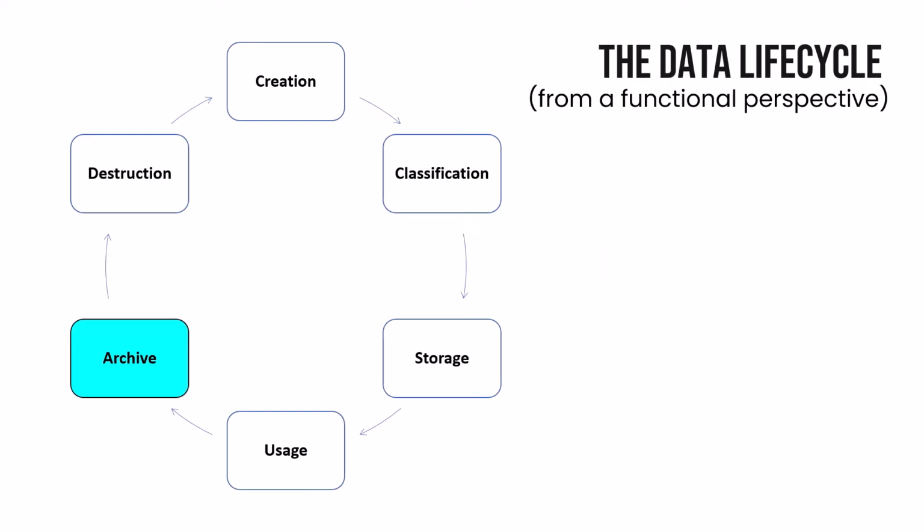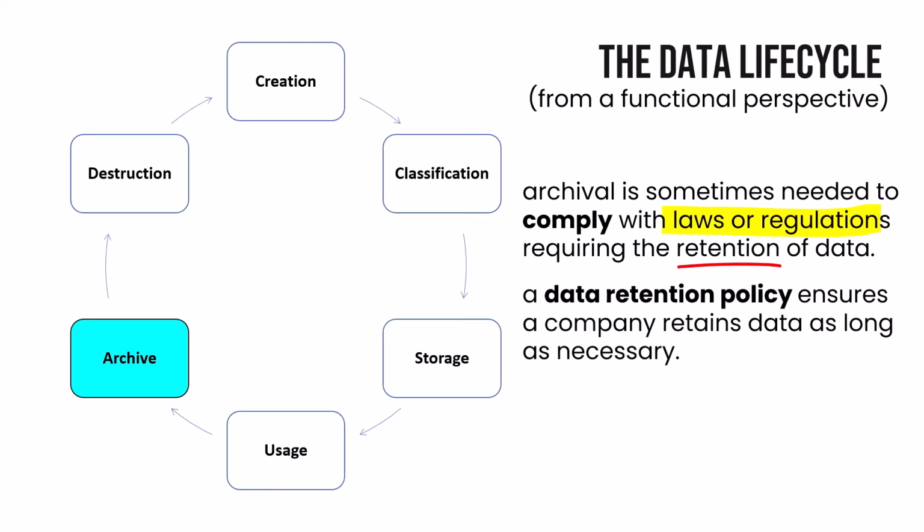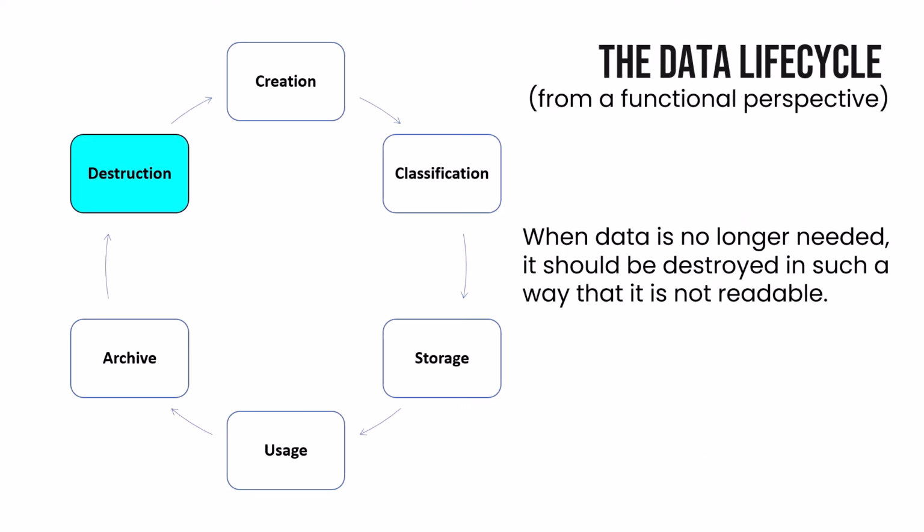And we have archival. So archival is sometimes needed to comply with laws or regulation requiring the retention of data. A data retention policy ensures a company retains data as long as necessary, and that's a key phrase. As long as necessary is defined by company policies or regulatory requirements. And when we come to the end of as long as necessary, it's important that we destroy that data.